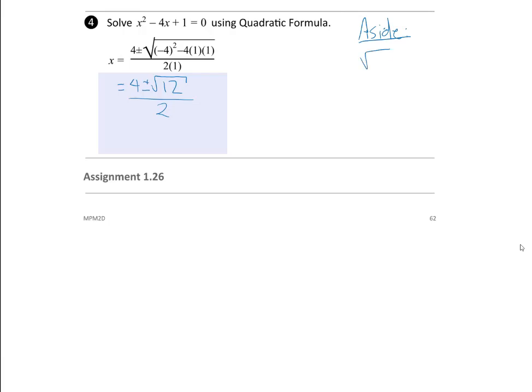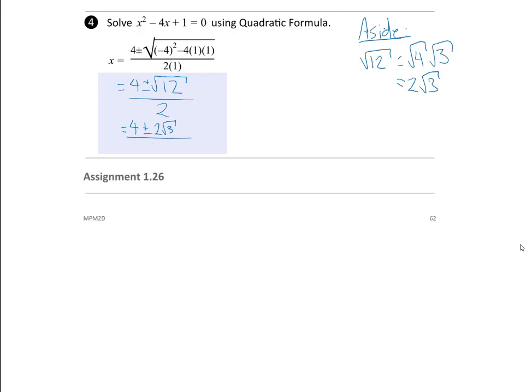Root 12 is just equal to root 4 times root 3, because 4 times 3 gives us 12. Root 4 is just 2, so it's 2 root 3. So then we're stuck with 4 plus minus 2 root 3.